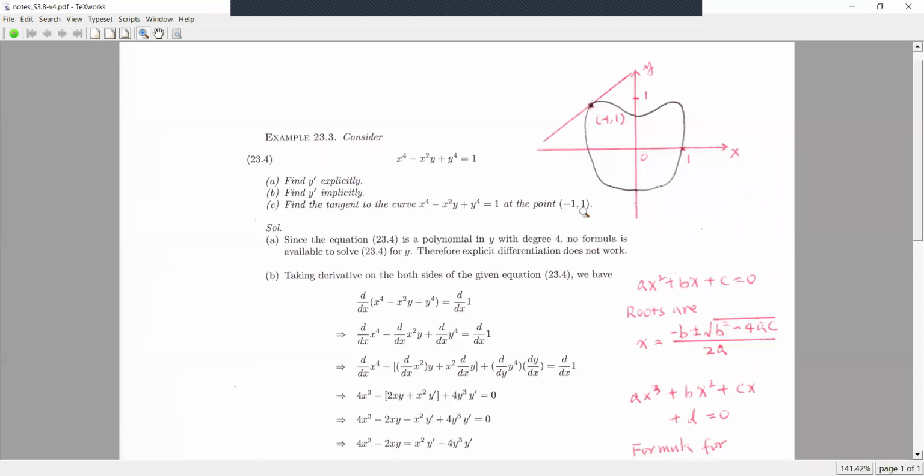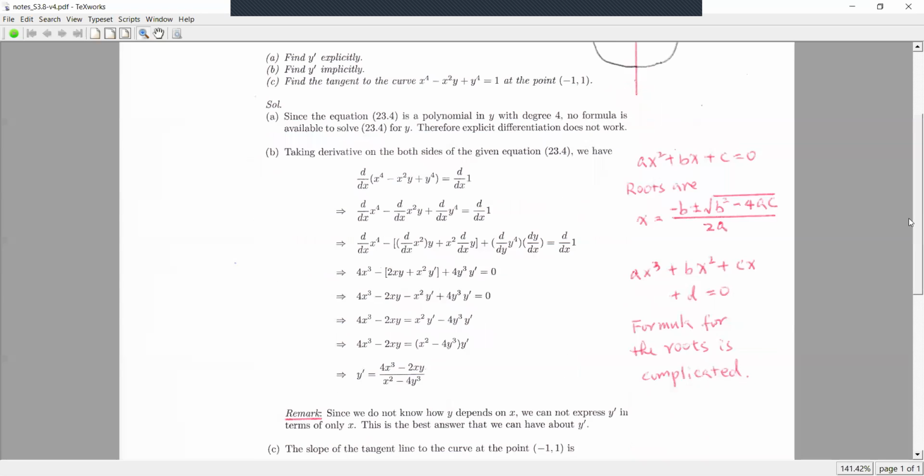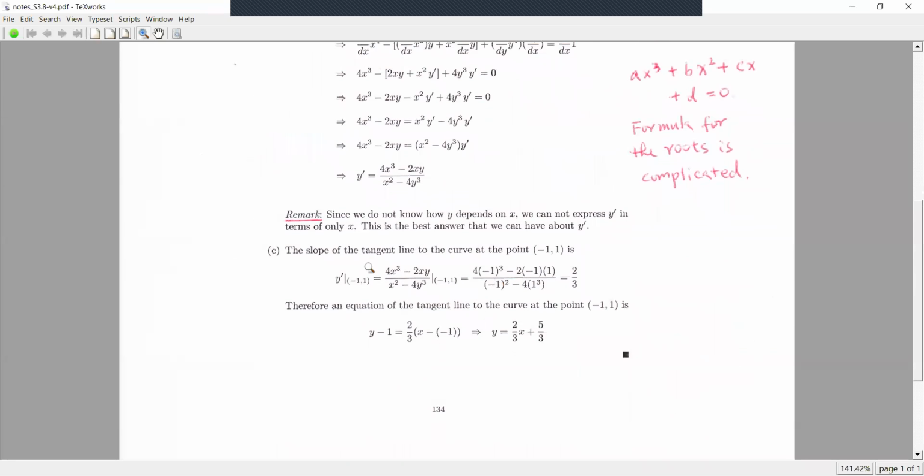Just plug this point into the derivative, then we can get the slope of the tangent line. Plugging the point into the derivative, we get the slope is 2/3.